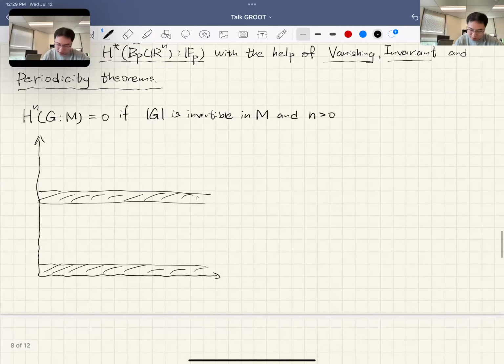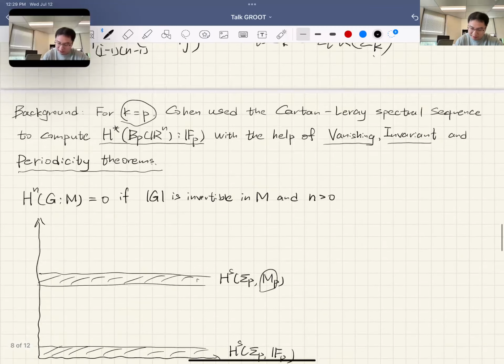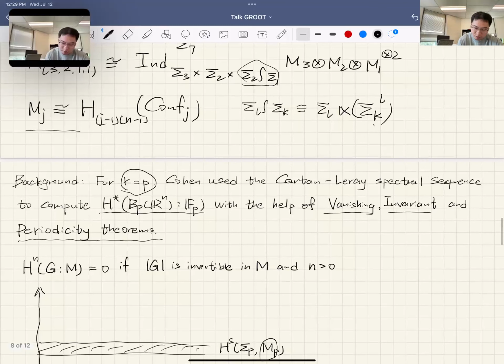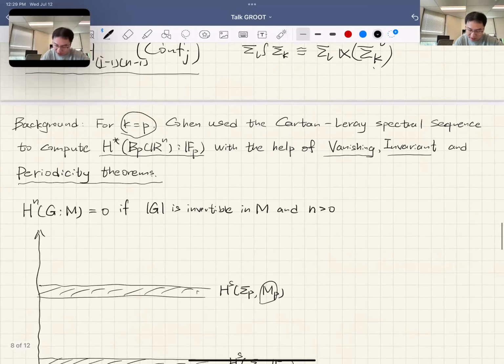So this row corresponds to Hs of sigma p with coefficient of Fp. And this row corresponds to Hs of sigma p with coefficient of MP. Don't forget that MP is top homology or top cohomology of the configuration space of P points in this case.